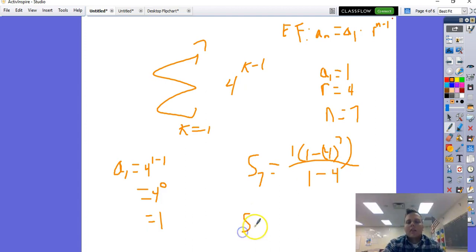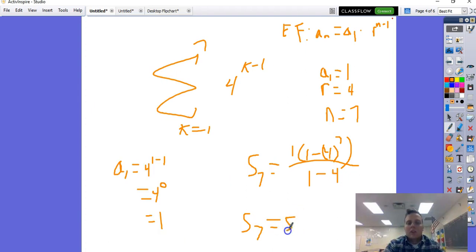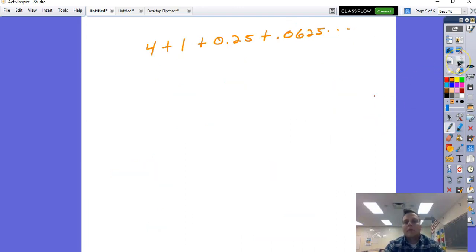So now we're ready to grab our handy dandy calculator and type this all in. So 1 times 1 minus 4 raised to the 7th divided by 1 minus 4. Press enter, and I get 5461. So the sum of the first 7 terms is 5461. Alright, let's move on to our next example.